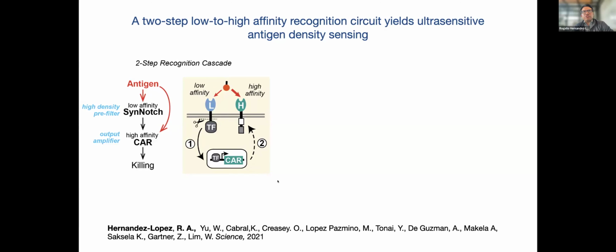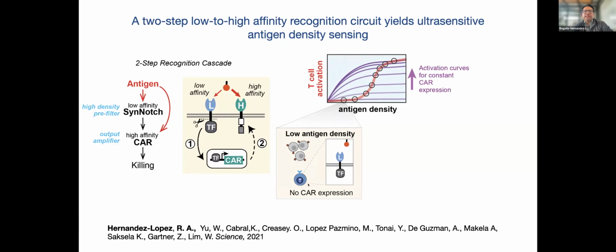The way this synthetic notch receptor should work is that if it encounters cells that express low levels of the antigen, because the affinity of this binder is low and because the abundance of the protein is low, then the frequency of interaction between the protein and the receptor should be low, which should avoid the CAR expression.